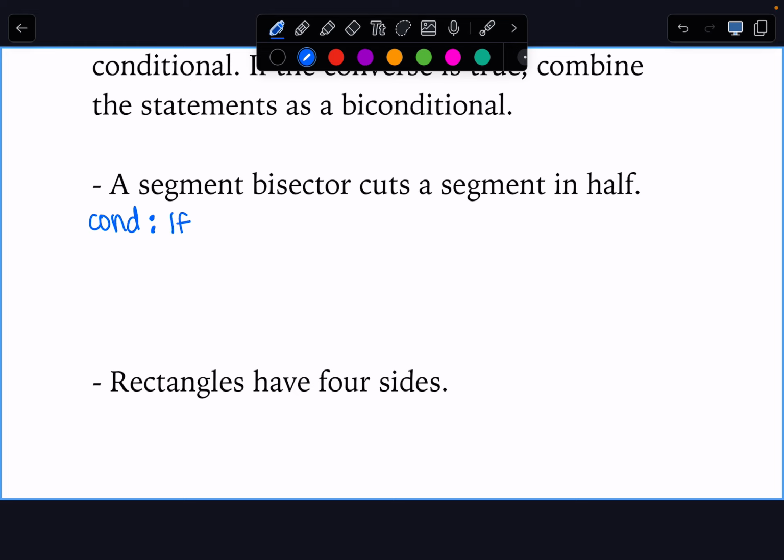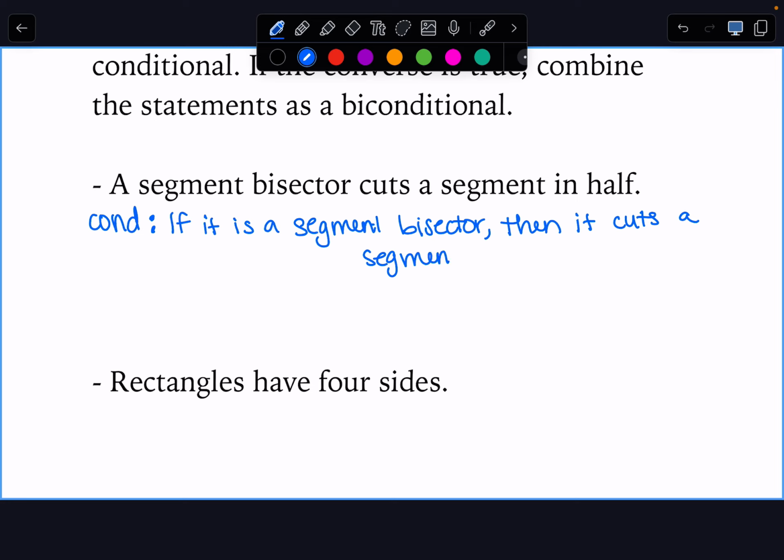If it is a segment bisector, then it cuts a segment in half. Okay, true or false? True. That's a true statement.